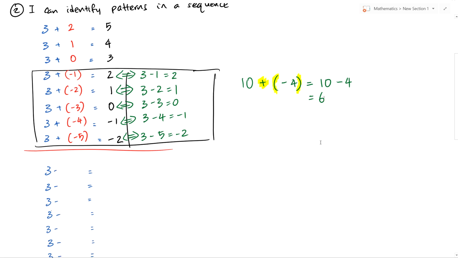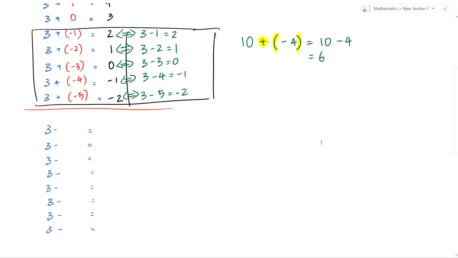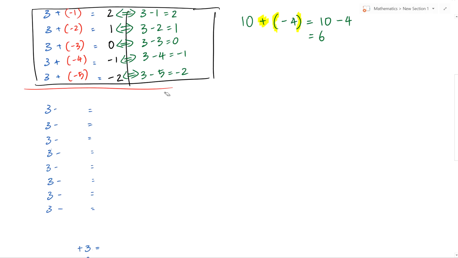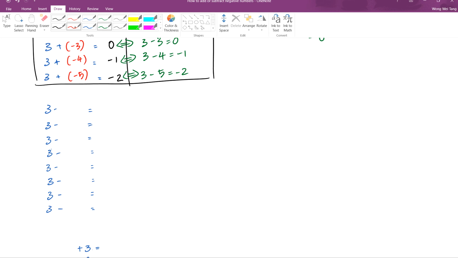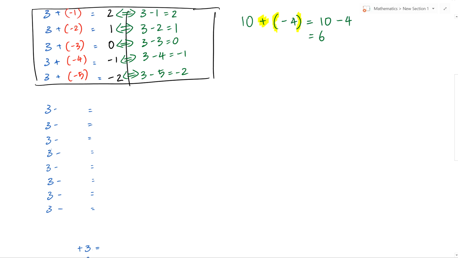Let's move on to subtracting numbers. So again, we start with the same 3 on the left hand side. We will subtract a number. So this number, let us begin with 2.